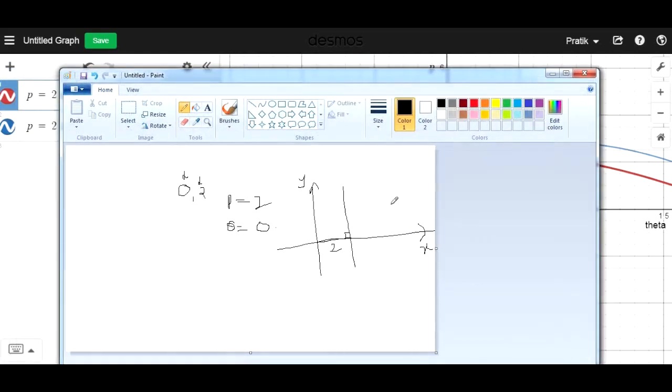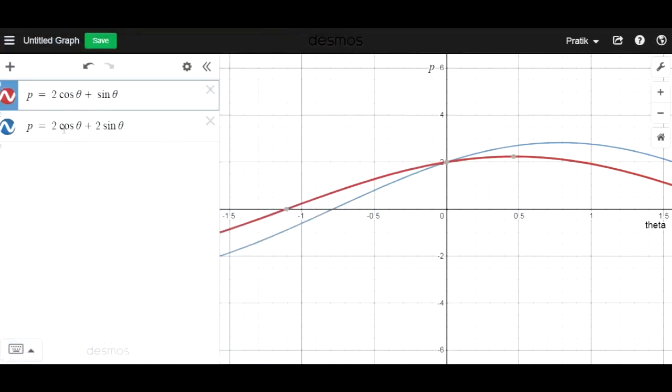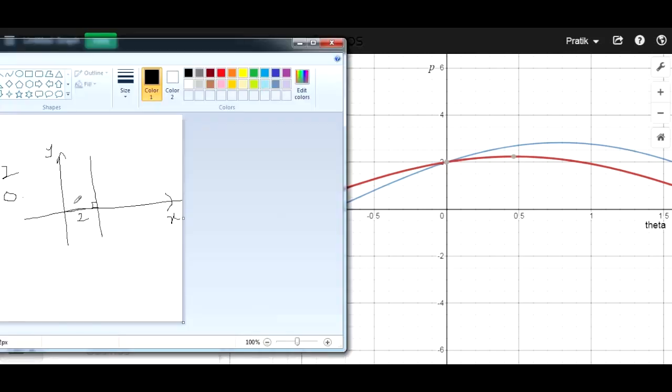By this method you can take any value of xy, any point, and plot it, then see the intersection and take the theta value and the p value, and it will give you your line. It will give you any line that you want. So this was basically the solution to the problem that we faced.